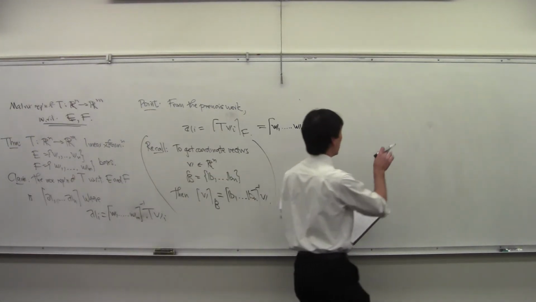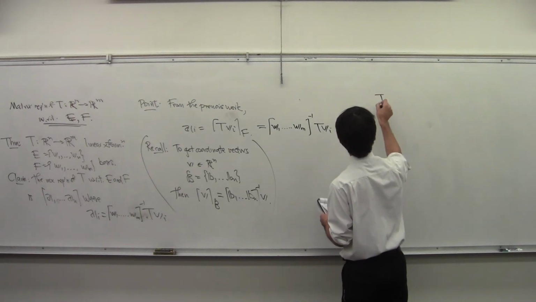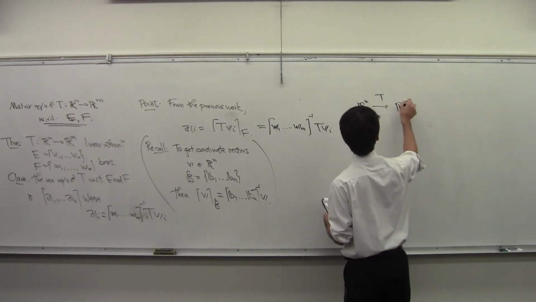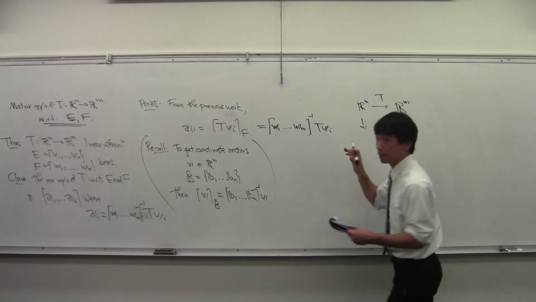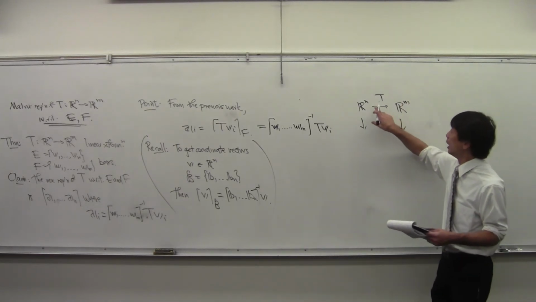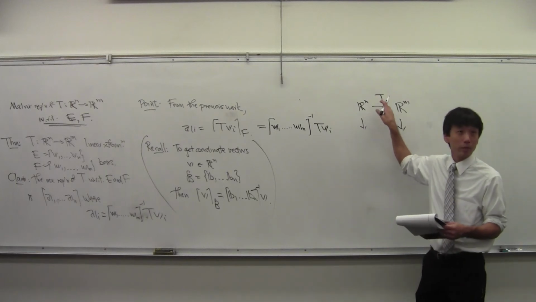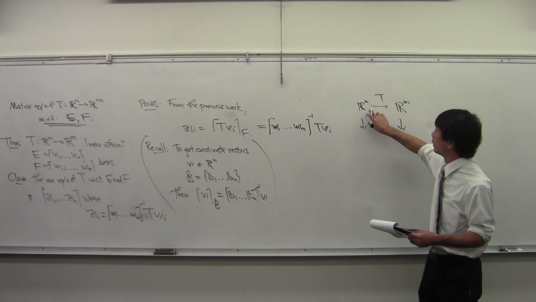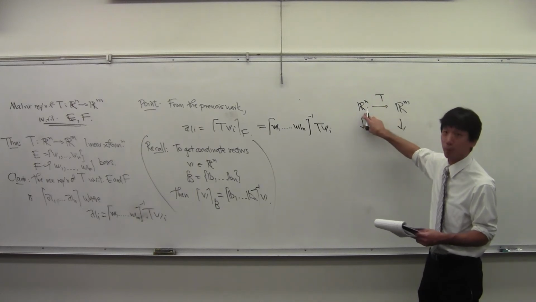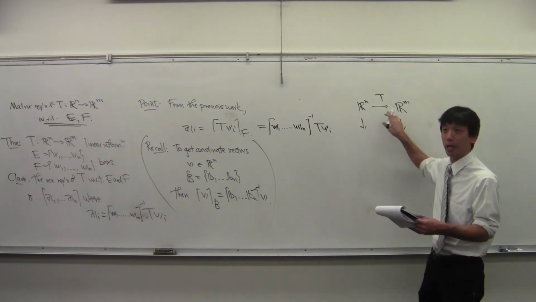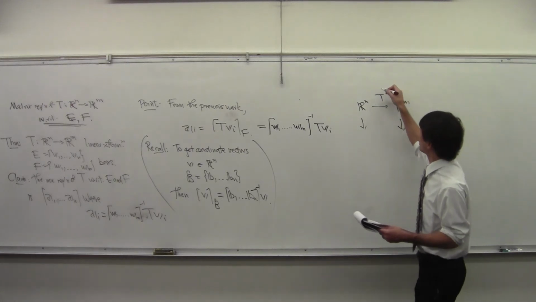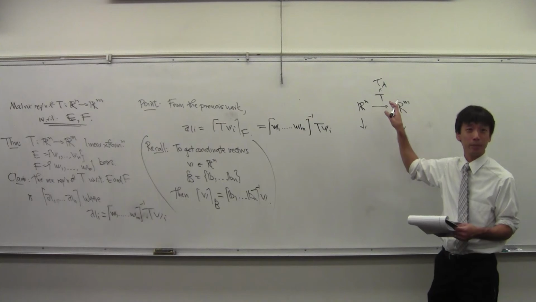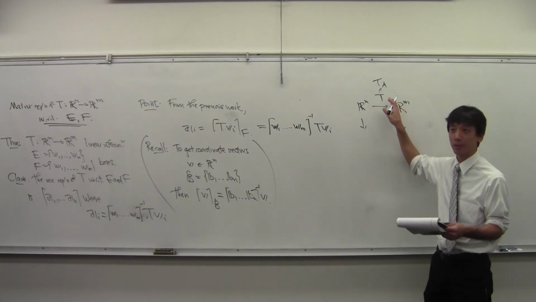So the point is that the first thing we did when we entered this section was we saw that if you had a linear transformation from Rn to Rm, then that was left multiplication by some matrix.